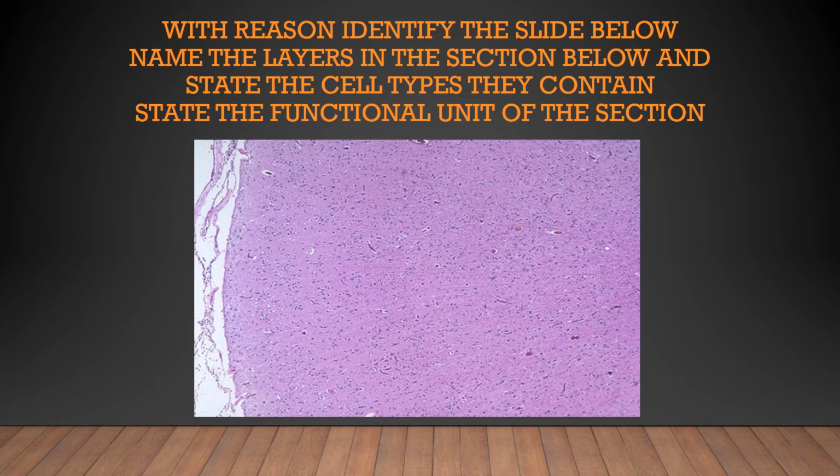So the layers from outer to inner, you have the molecular layer containing the horizontal cells of Cajal, external granular layer containing stellate cells and small pyramidal cells, external pyramidal layer containing medium-sized pyramidal cells, stellate cells, and cells of Martinotti, internal granular layer containing stellate cells, internal pyramidal layer containing large pyramidal cells, stellate cells, and cells of Martinotti, and multiform layer containing fusiform cells, stellate cells, and cells of Martinotti.